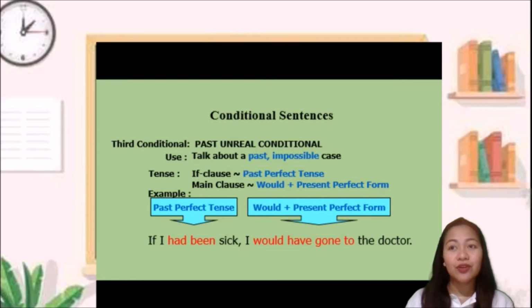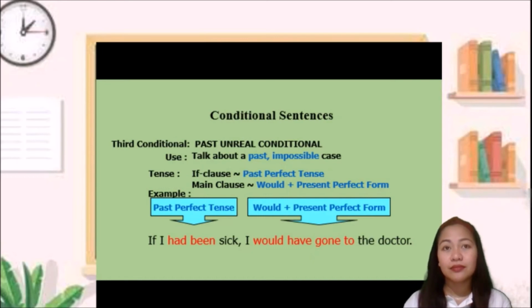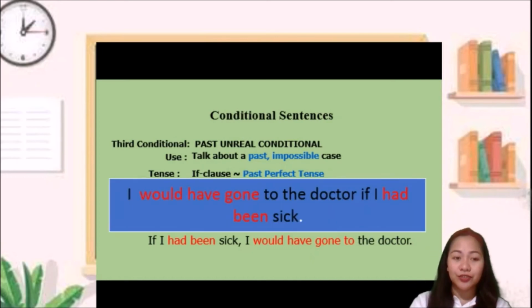We use if plus the past perfect for the if clause and would have plus the past participle for the main clause. For its other form, I would have gone to the doctor if I had been sick. Just to be clear, in this type of conditional sentence, the if clause did not actually happen, but I am imagining the result if the past is different.